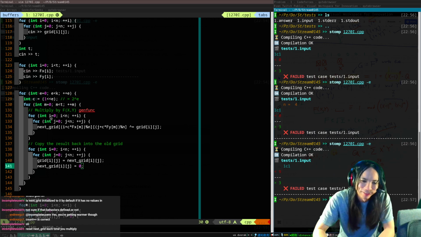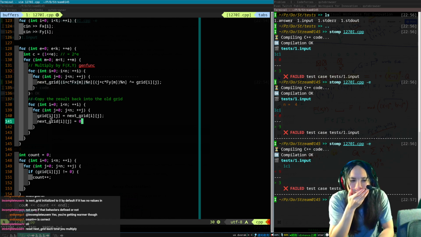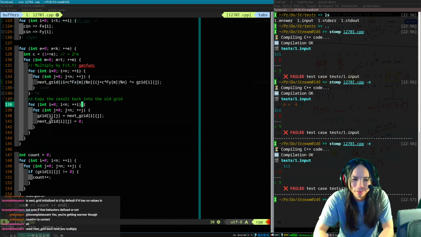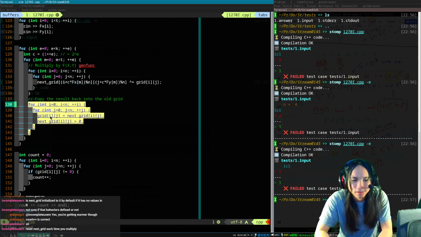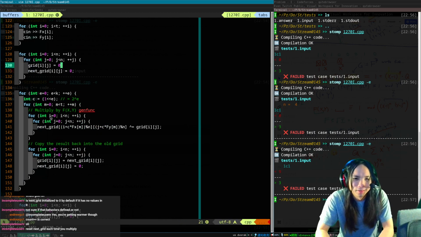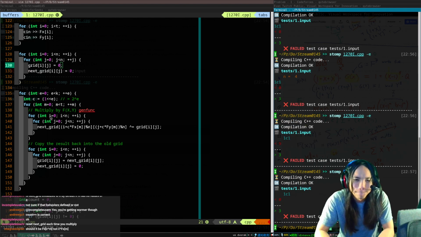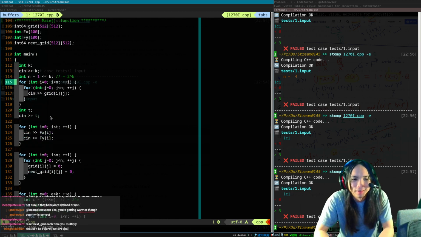Okay, now it says 9 instead of 3. So we're improving. Yeah, I agree. This should be reset. Do I need to reset everything at the start? I mean, there's no reason not to do it. I don't understand how initialization works. Now it says what? Oh wait, no. Hang on.